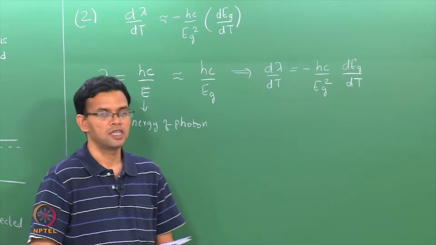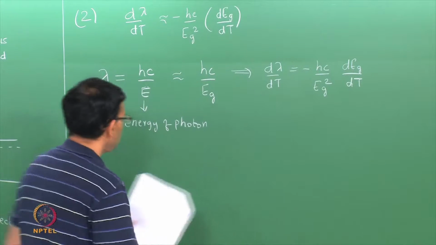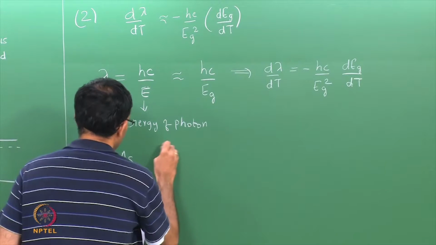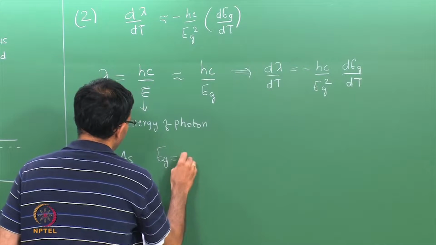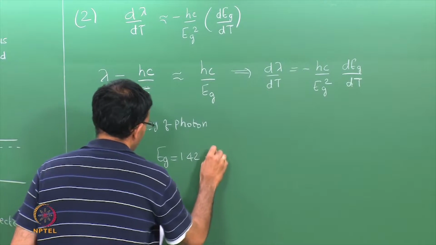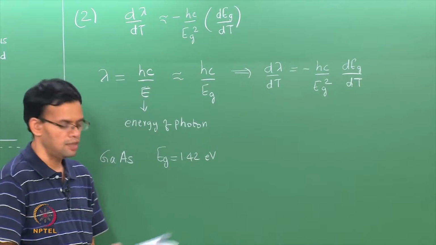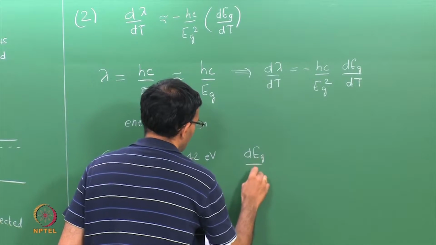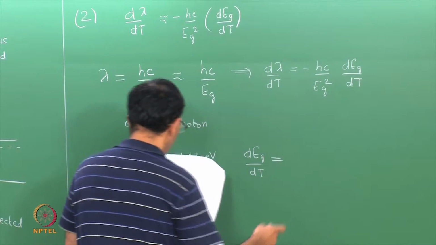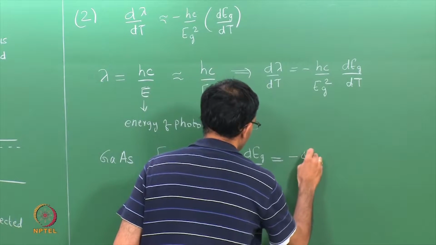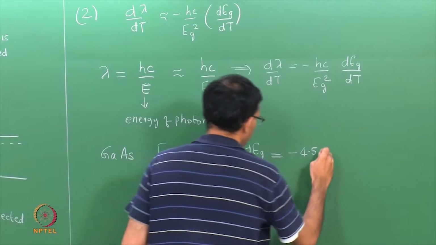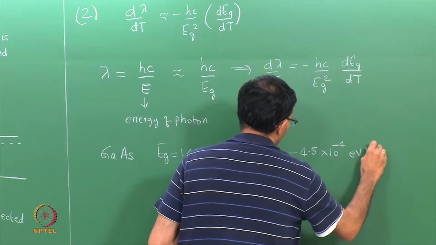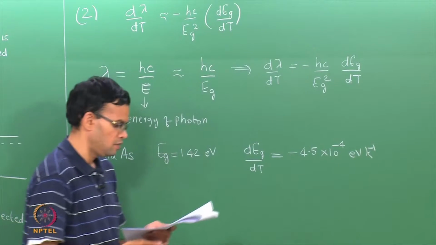So, we are asked to do this calculation for gallium arsenide. Gallium arsenide has an Eg of 1.42 electron volts. This typically lies in the infrared region, and the value of dEg over dt is also given, minus 4.5 times 10 to the minus 4 electron volts per Kelvin.